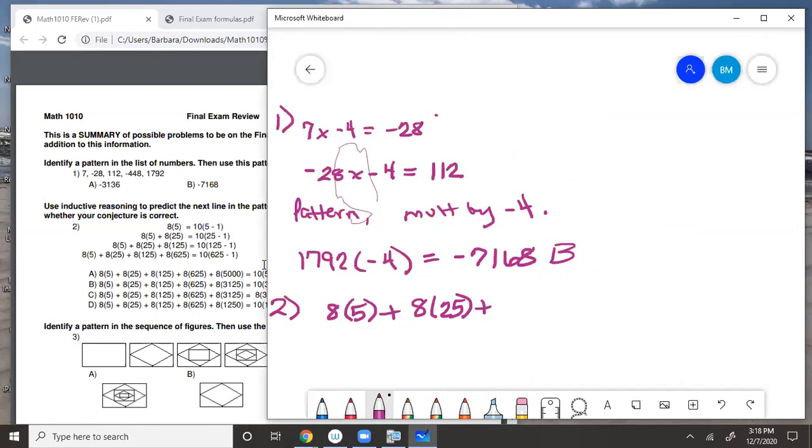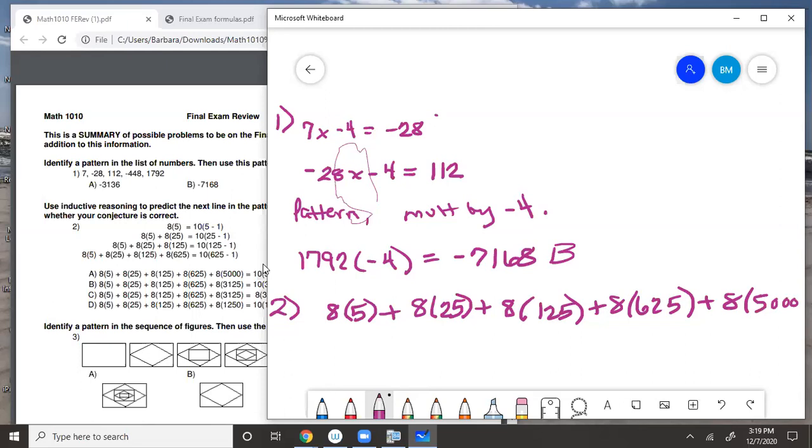Oh, you mean 8 times? Yeah, the next one would be, well, the answer is A. Because you already did the math there. I am taking your word for it because I haven't done it yet. This is 125, and this one is 625, and then you said the last one was what? 8 times 5,000. Okay.